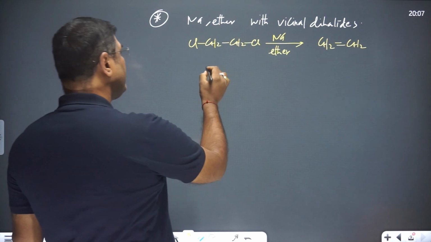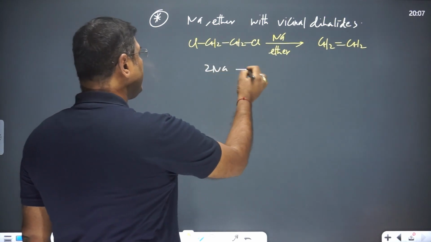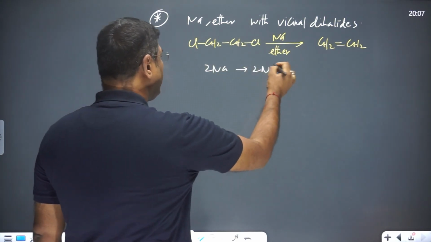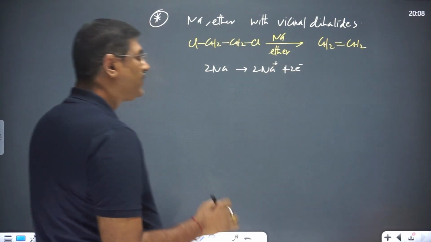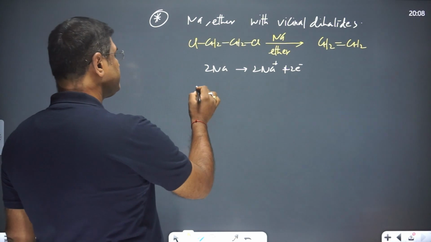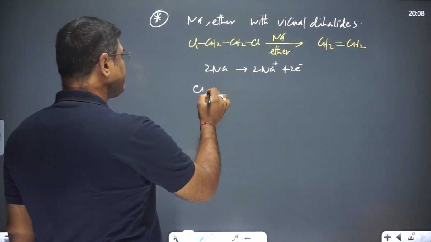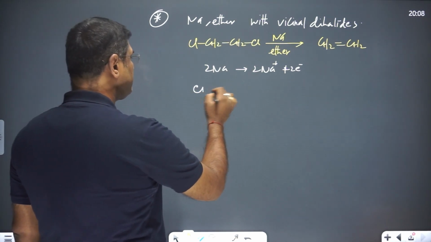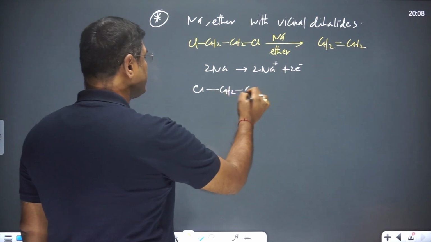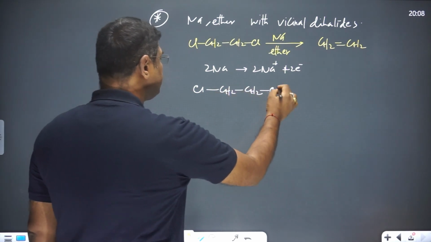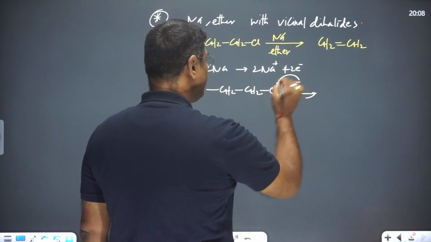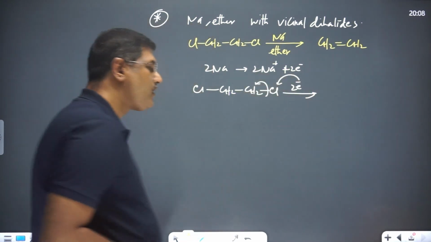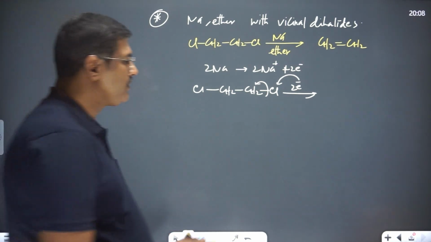Let's take here 2Na giving 2 electrons. These 2 electrons are given to the CH2Cl, and immediately a carbanion forms.